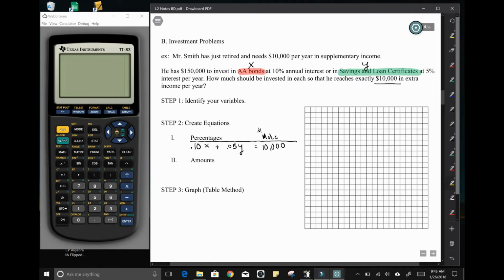So one equation is going to have all of your percentages and also how much you want to make off of that interest. In the other equation, it's the simple x plus y and how much money he has to invest. He only has $150,000 to split up in both of those.